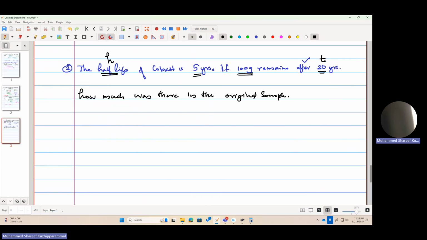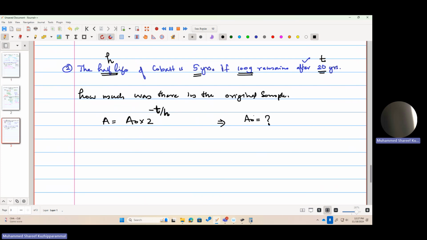Now students, here A equal to A naught times 2 power minus T by H. The amount of substance after T years is A naught times 2 power minus T by H. Here, what is my initial amount?